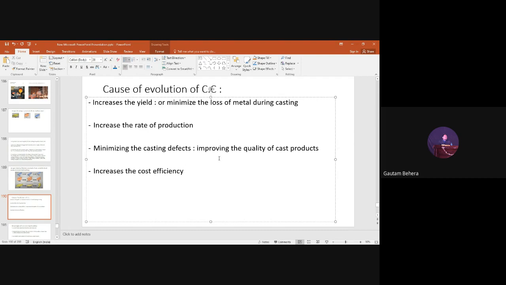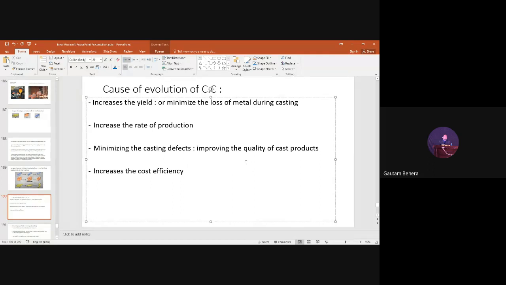Whenever we are talking about segregation, segregation of alloying elements or of impurities is more in the case of ingot casting. Basically, they used to segregate along the center of the cast product. But in continuous casting, the segregation is there, but it is minimum.